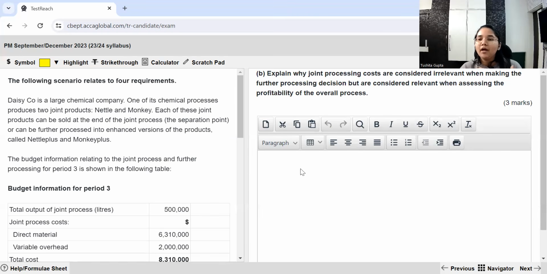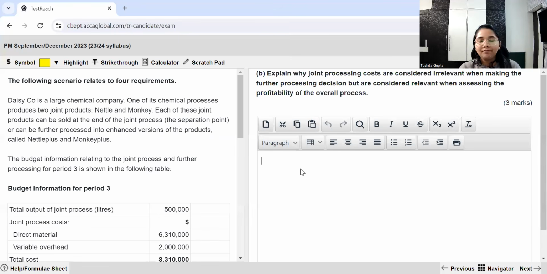Now let's come to the second part of the question. The second part says, when we are assessing the profitability of the overall process, then why are we considering the joint processing costs as relevant? So when we are looking at the profitability of the entire process, that means we are evaluating the process as a whole. We are looking at the total costs in the process, and we're also looking at the total revenue of that process, so that we can identify how much total profit is coming out of the overall process.